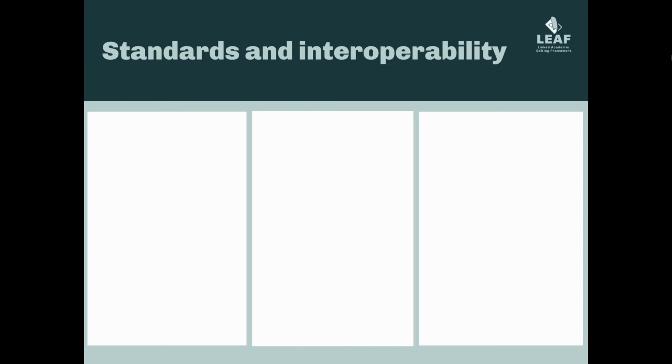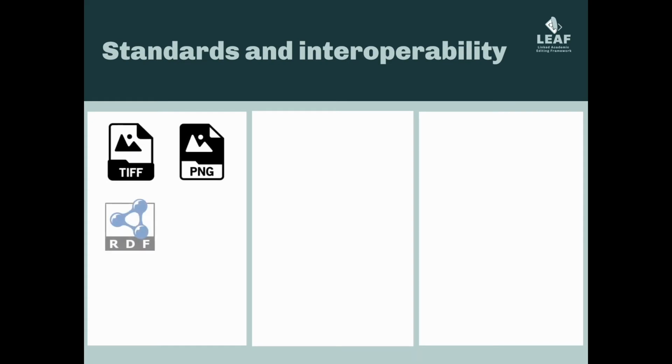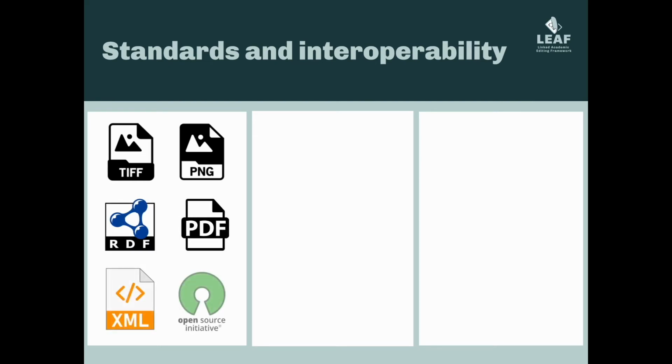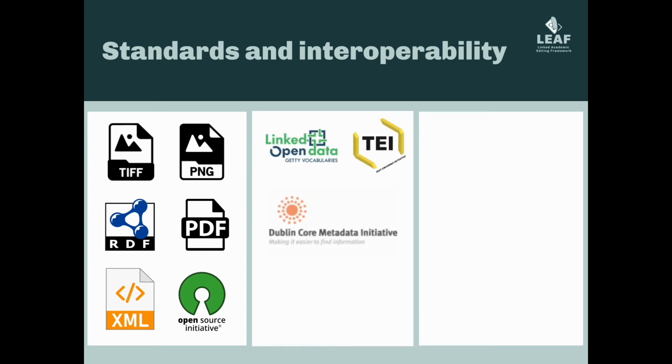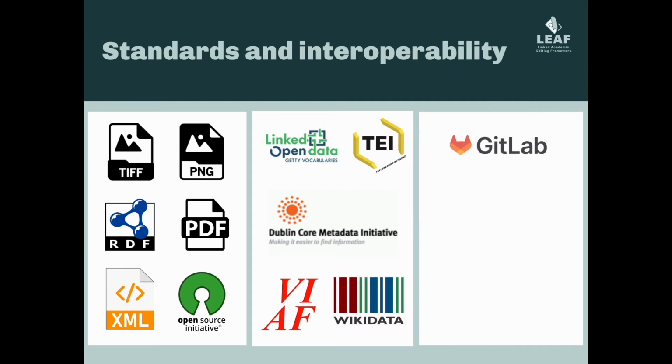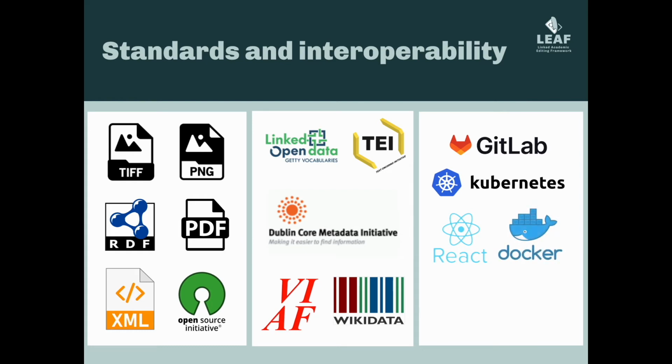LEAF is built on a foundational commitment to interoperability. It uses and, of course, produces open source software. To enable extension and make maintenance easier, it uses standard data and metadata formats and robust code management systems to support collaborative development, including application programming interfaces, or APIs, and continuous integration, continuous development systems.